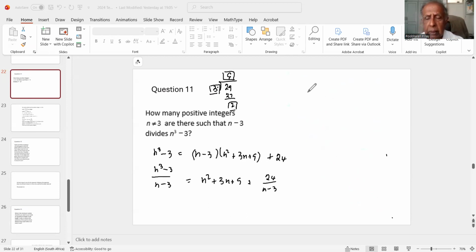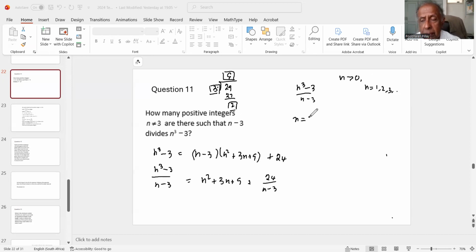This question says you have n cubed minus 3 over n minus 3. How many positive integers? So you want n to be positive. It's an integer, so it's a counting number: 1, 2, 3, and so on. N is coming from there. So this must divide it. Now let's take a number like 6.